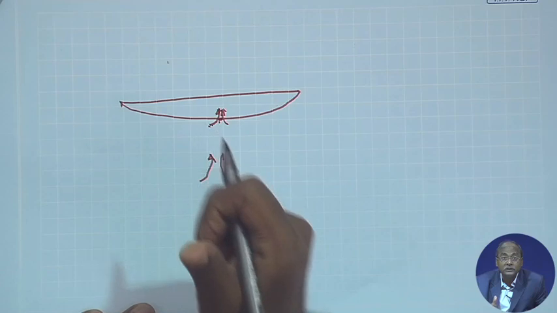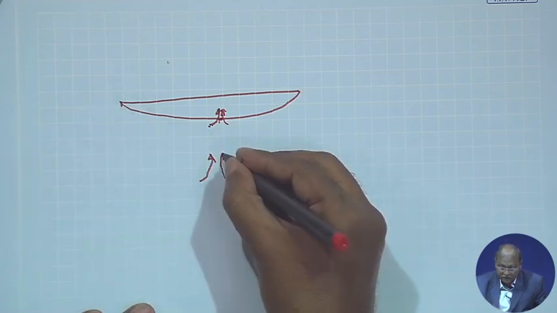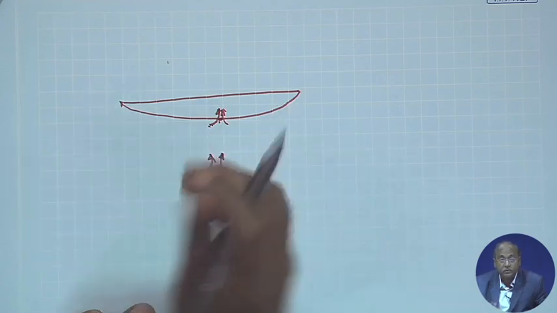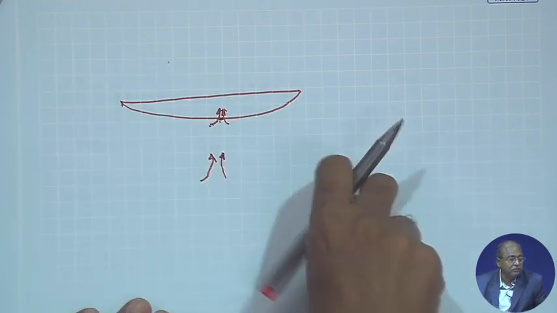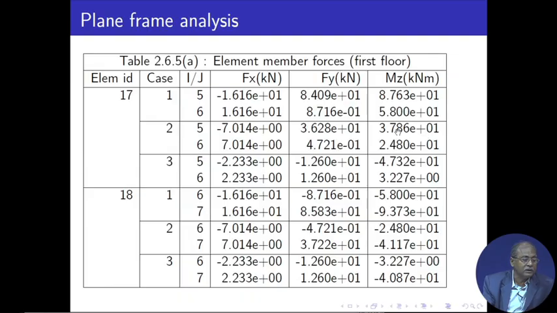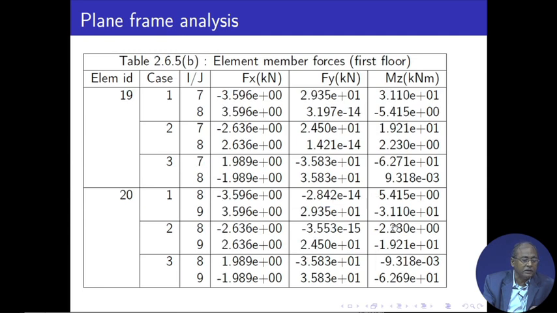So, one is positive and the other negative. So, you will always find 5.8 and minus 5.8, or say 2.48 and minus 2.48, because in the span you will get it like that.